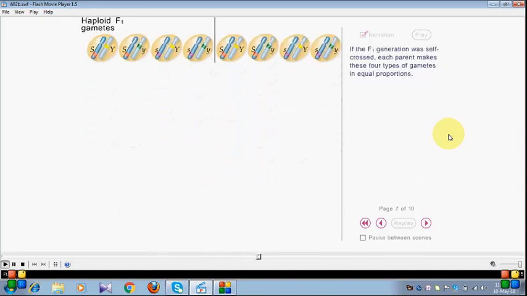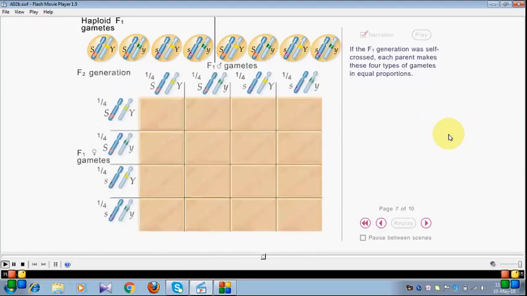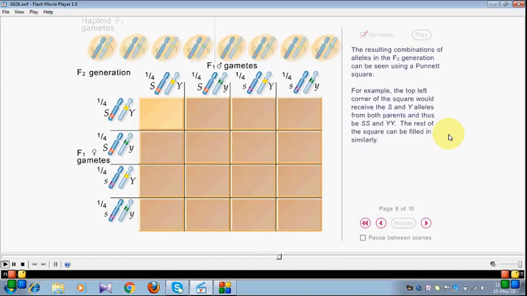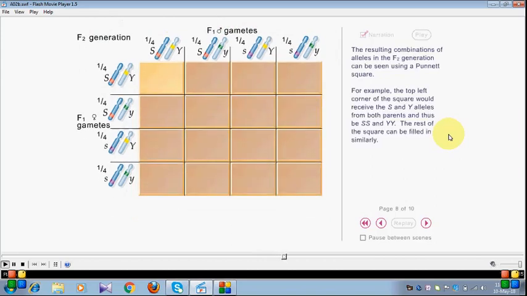If the F1 generation was self-crossed, each parent makes these 4 types of gametes in equal proportions. The resulting combinations of alleles in the F2 generation can be seen using a Punnett square.